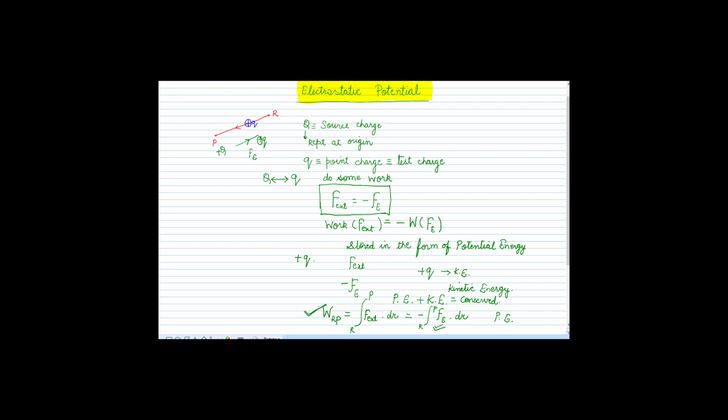So here we can calculate the work done, which is equal to the total potential energy, and if we know the electric field which is created due to charge plus Q, then we can also calculate how much work is done and what is the force acting if we bring any charge close to it. So from the force acting, we can calculate the work done, and in result the work done will give us the potential energy.